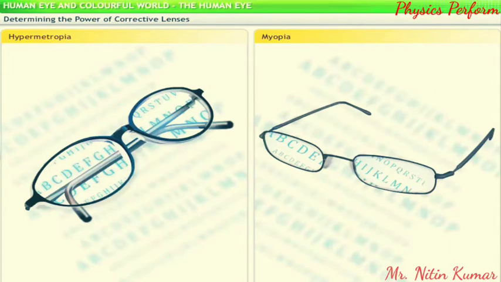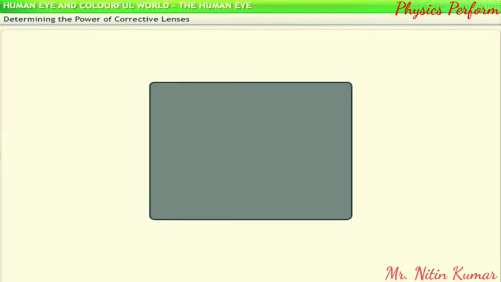We can determine the focal length of the corrective lens for myopia or hypermetropia using the lens formula 1/f = 1/v - 1/u. The power of the corrective lens is the reciprocal of its focal length, expressed in meters. The SI unit of power of a lens is diopter and is denoted by D.